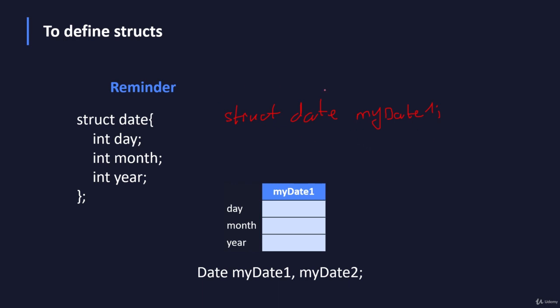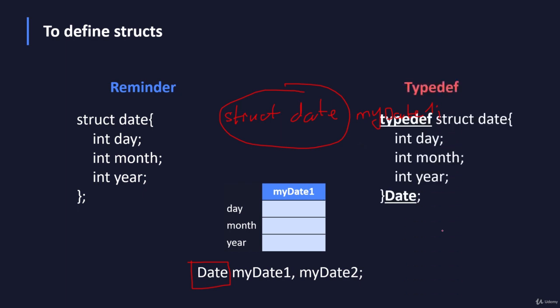And I think it will be much easier and much nicer if instead of using this long struct date every time you would want to create a struct date variable, you will just simply write something like that: date my date 1, date my date 2. I think it will be much easier, much more readable, and much nicer for you as a future programmer to have. So what you have to do for that is simply to use the Typedef.